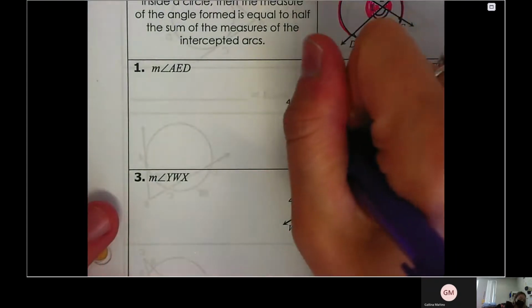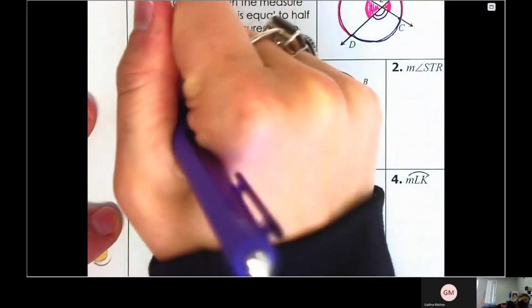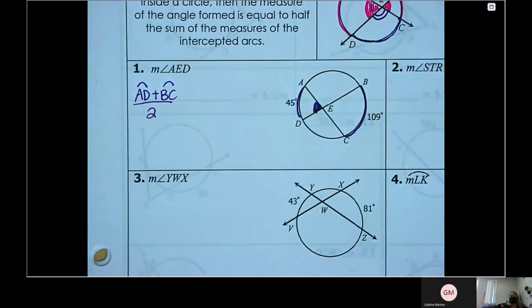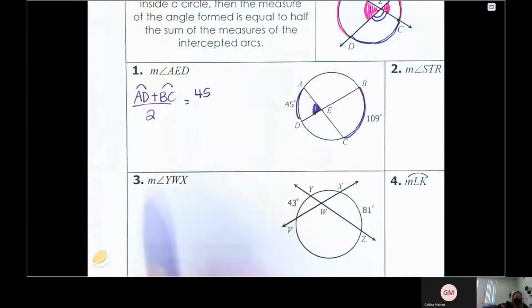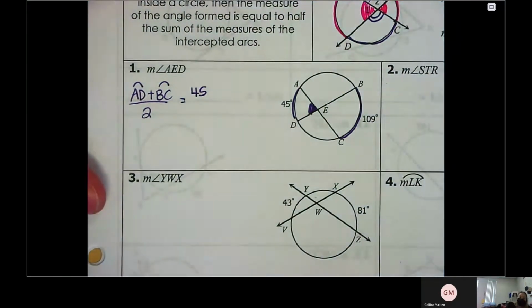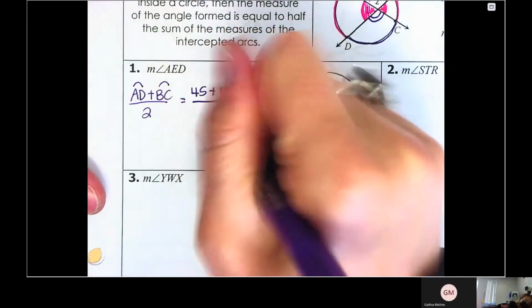So I'm going to add AD plus BC and then divide by 2. And so this one's super easy. Because you're already given those two arcs, all you have to do is add them together and divide by 2. So 45, I'm not going to write this out every time. I'm just doing it for the first one so you have an example. 45 plus 109 and then divide by 2.